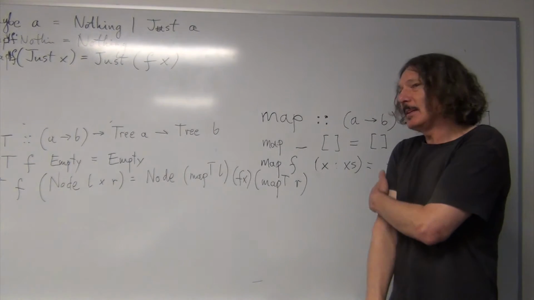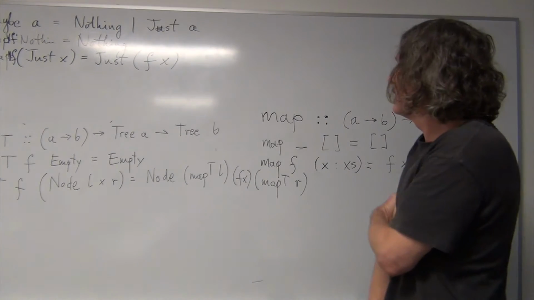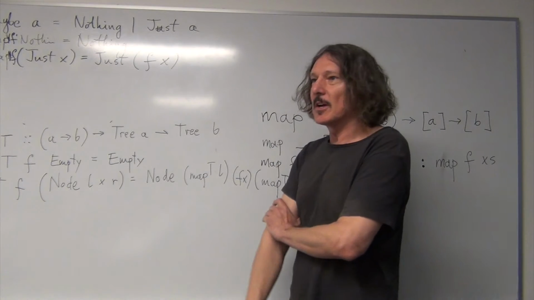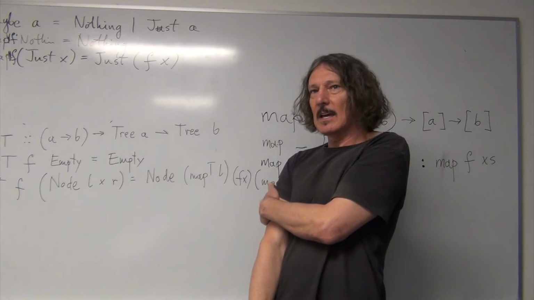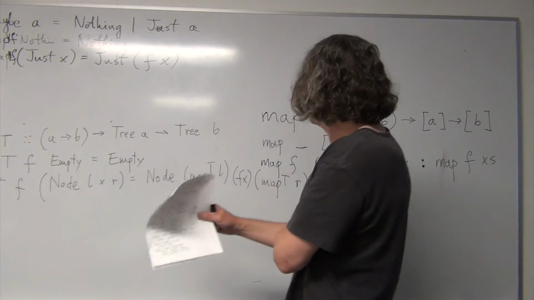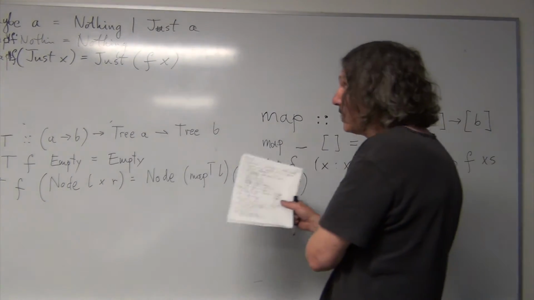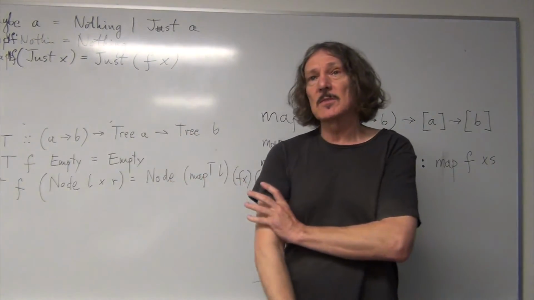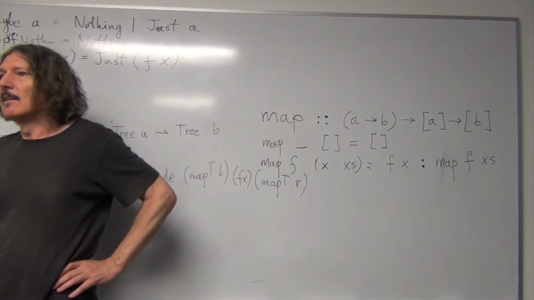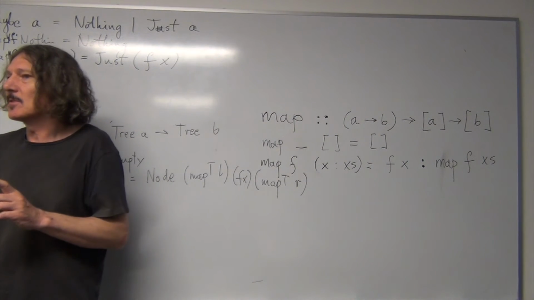But this is a bit tricky, because the difference between all of these guys is that they use a different type constructor. One uses the tree type constructor, the other is using the list type constructor, and this is using the maybe type constructor. So I have to do something that's abstract, not in some value or type, but in a type constructor.